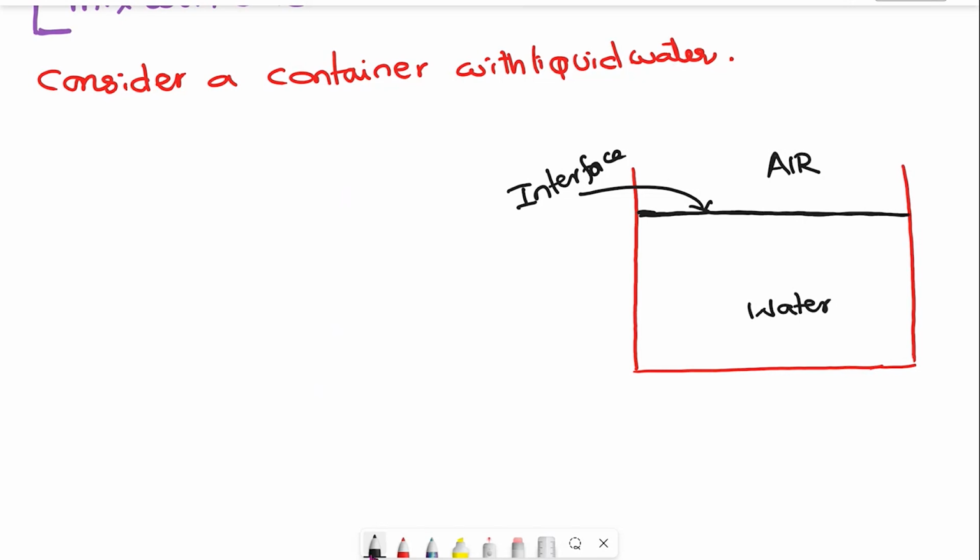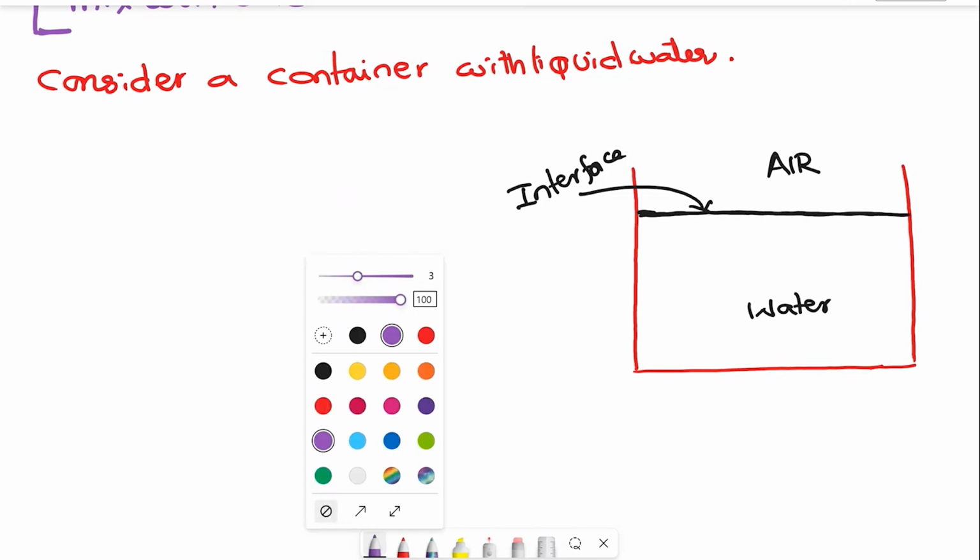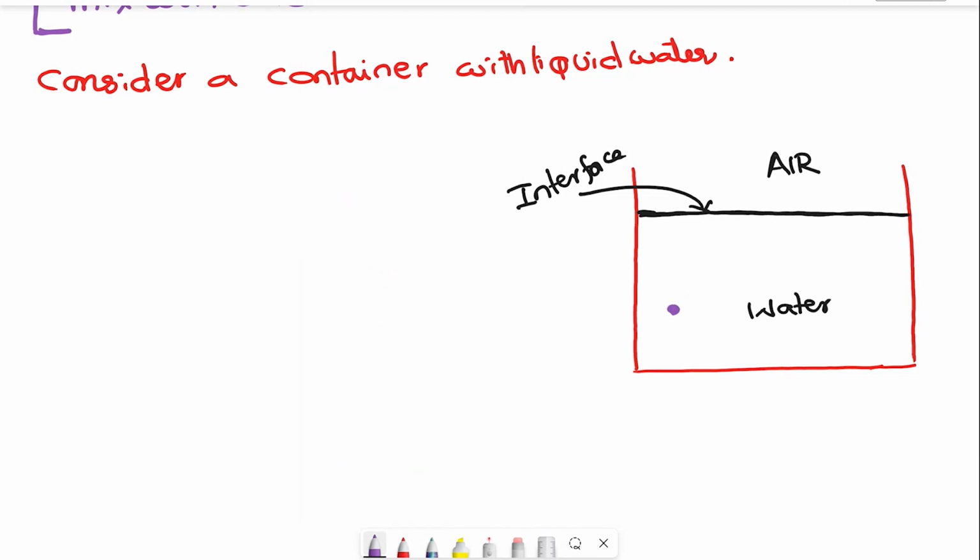Now, suppose I take a molecule of water here. On the right side of it is another molecule. Bottom is again another molecule. On this side also it has another molecule. On every side I see water molecules.